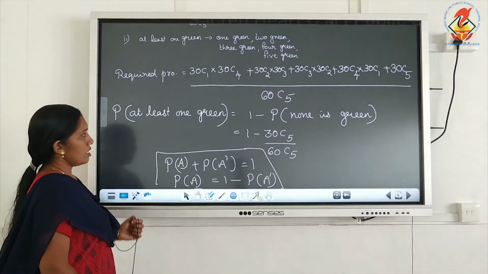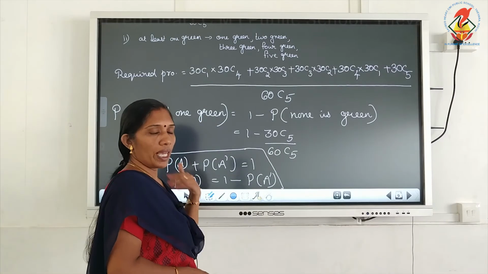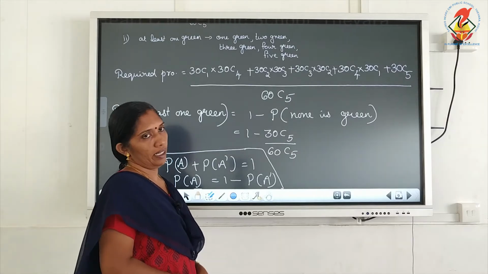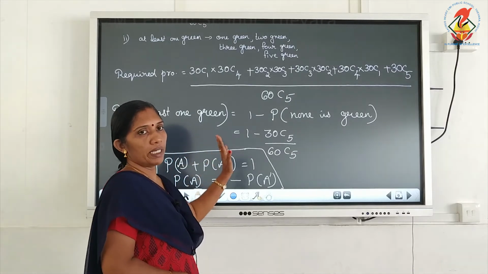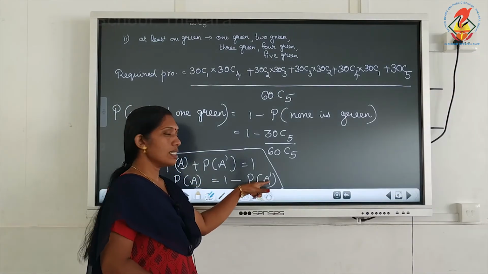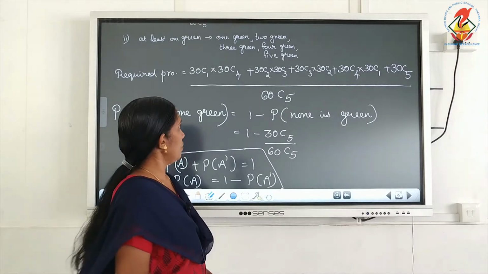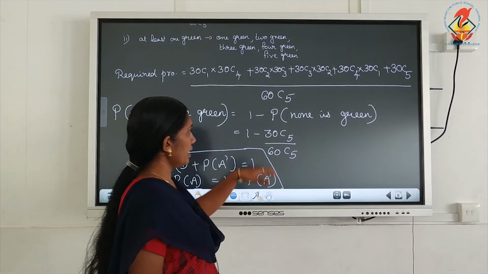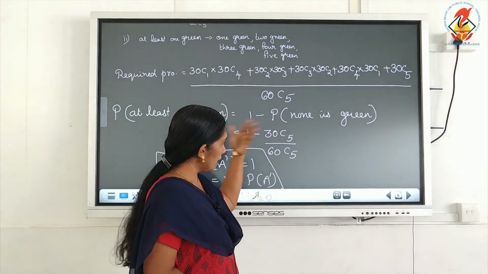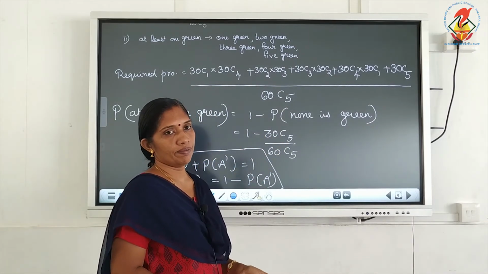Okay. So, let A be the event, at least 1 is green. So, A complement means none will be green. So, both together give the total sample space. So, P of A is 1 minus the complement. Okay, I hope you understood. So, if we are taking more numbers, you have to write it as a combination.